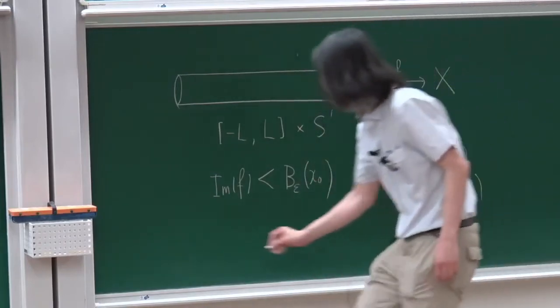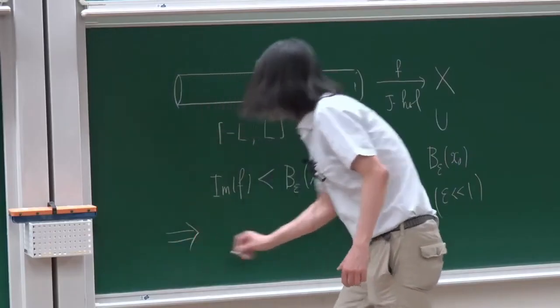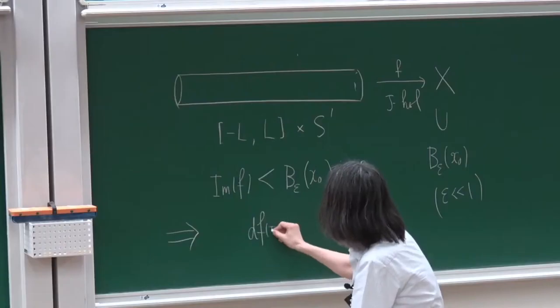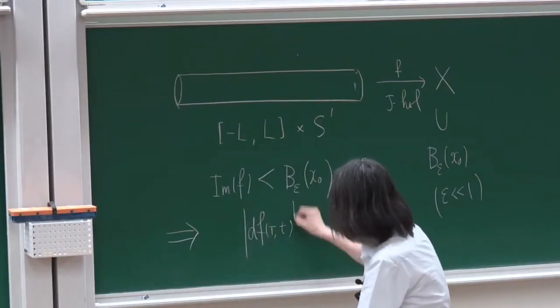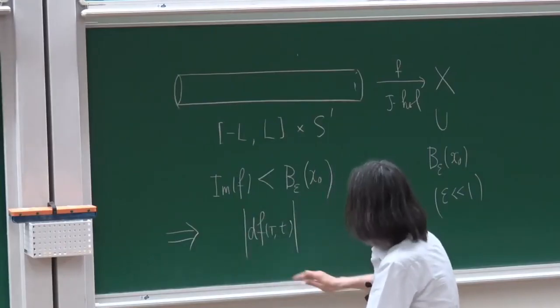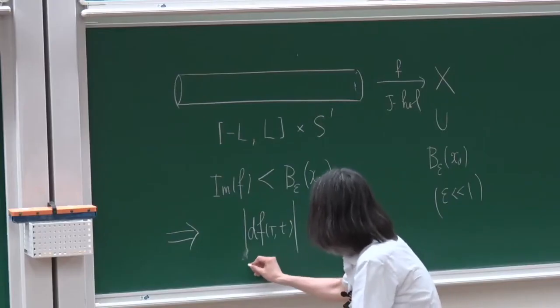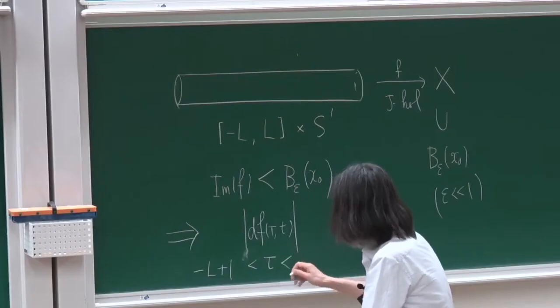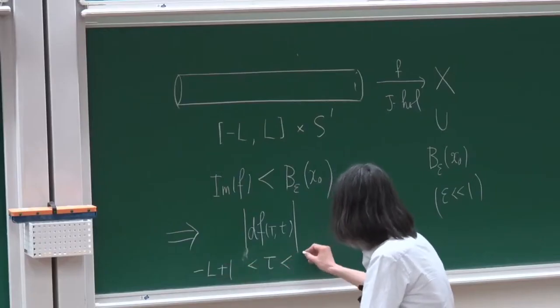Then we have the following estimate. I have this df of tau t, and then take its norm. Here tau is between minus L plus 1 and L minus 1.